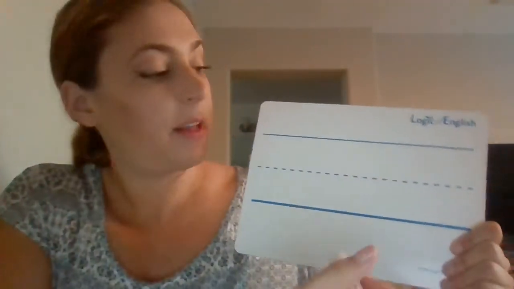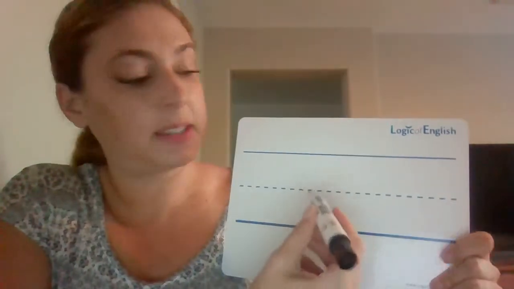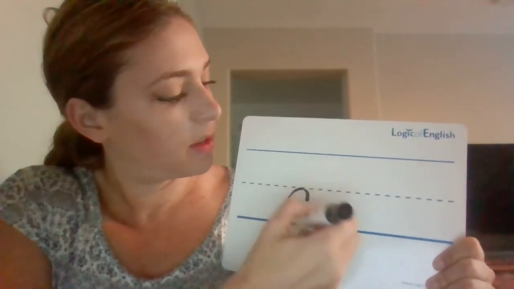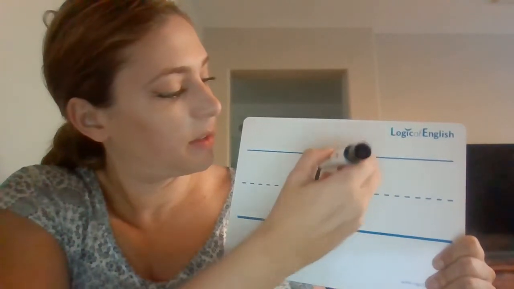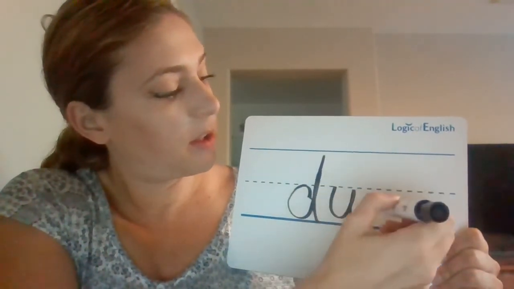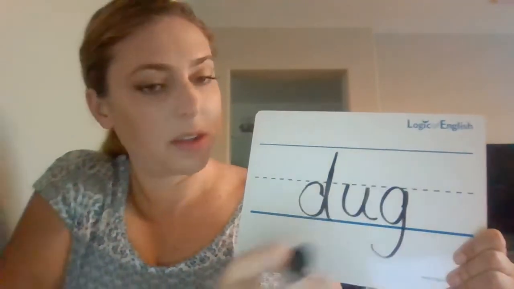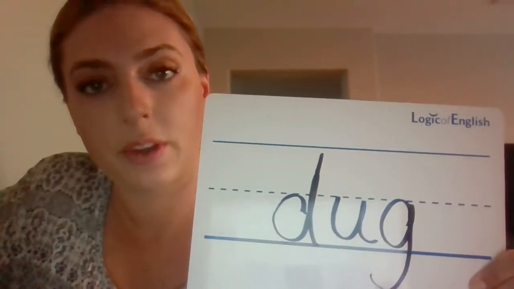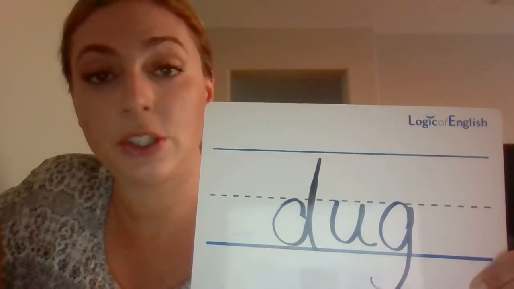And this time you are going to help drive my marker. That means as we write it, you are going to say the sounds that each letter makes as we go. Are you ready? Our first letter. D. G. Dug. Good, friends.